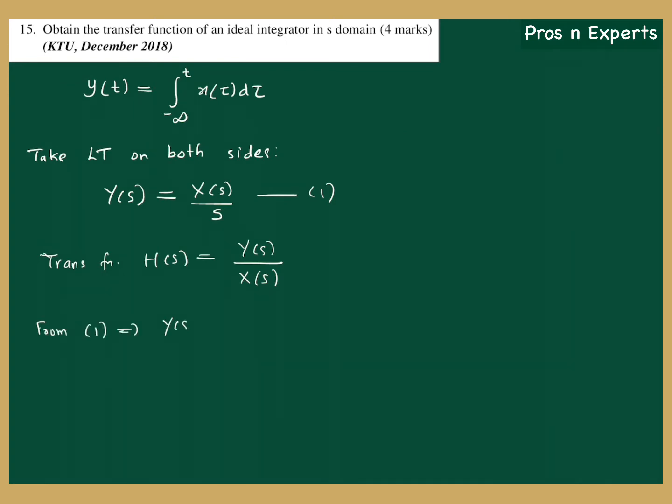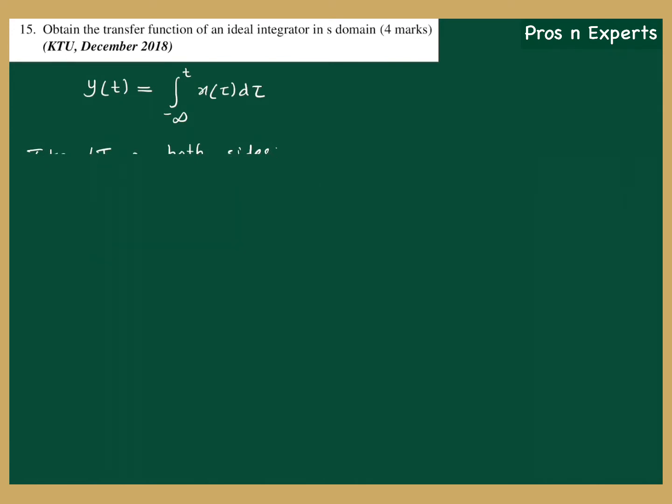Y of s by x of s will give you the transfer function, and that will be 1 by s, right? That is clearly visible from this equation. So this is the answer to this question, and it's a very important result for you to remember. The transfer function of an ideal integrator is 1 by s in S domain.